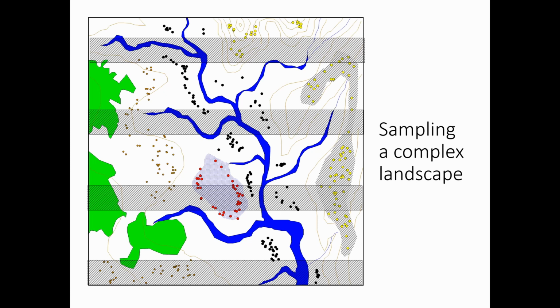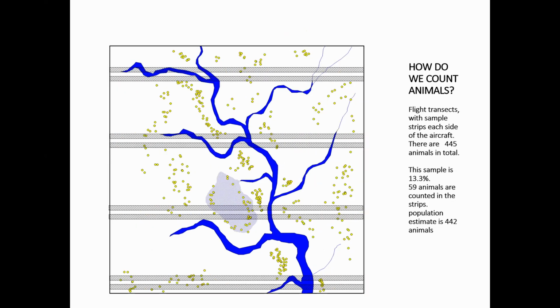Designing your strip width, your sampling procedure across that gradient, across that watercourse where you have those congregations. And this is how it might look with that double strip width that we have on each side of the plane. In this instance, there are 445 animals in this.